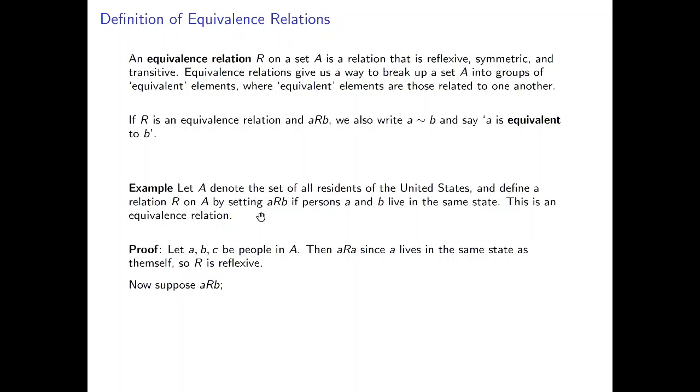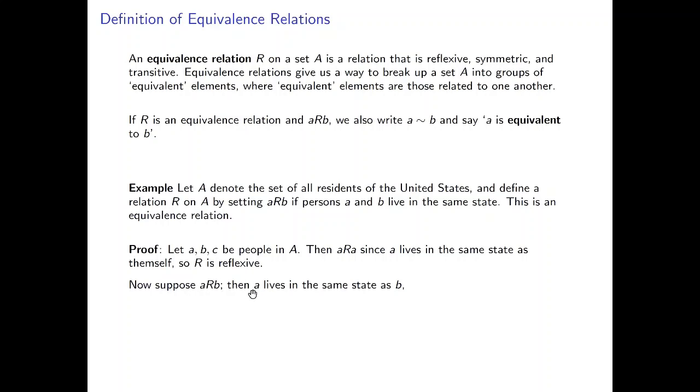Now, this proves it's reflexive, so now let's prove that it's symmetric. How are we going to prove that? We have to show that whenever A is related to B, then B is related to A. We have to show that we can flip the order in the relation. So let's suppose we have A and B in the set, and suppose A is related to B. What is the definition of the relation?